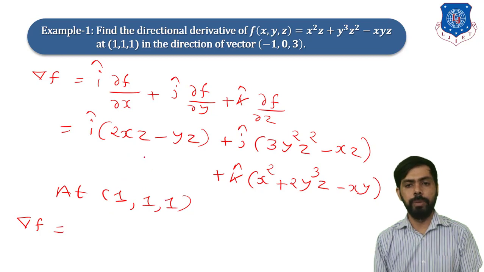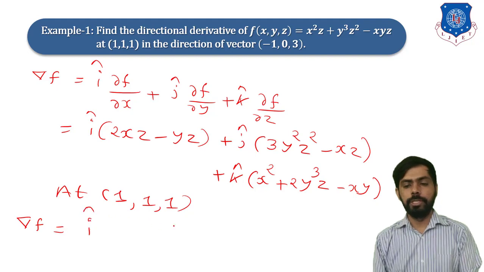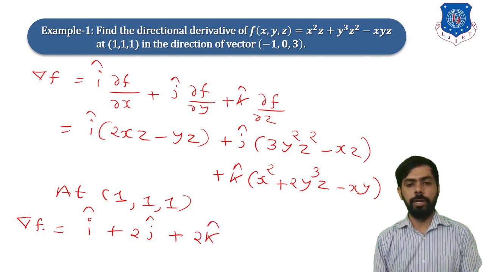So this will become 2 minus 1, so it will be 1, so this will be i cap, and this will become 3 minus 1, so it will be 2, so this will be 2j, and this will become 1 plus 2, 3 minus 1, 2, so this will be 2k. So this is the answer of grad f at the point 1, 1, 1.